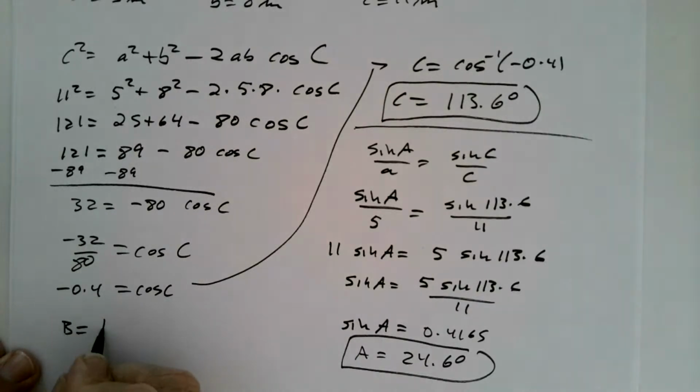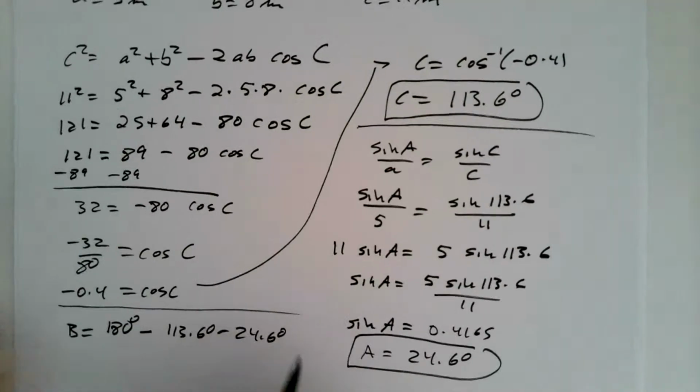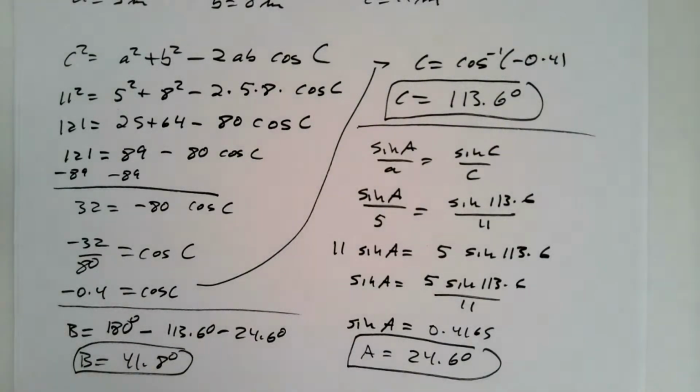So angle B is 180 degrees minus 113.6 degrees minus 24.6 degrees. What does that give me? 180 minus 113.6 minus 24.6 gives me 41.8 degrees. And that is angle B.